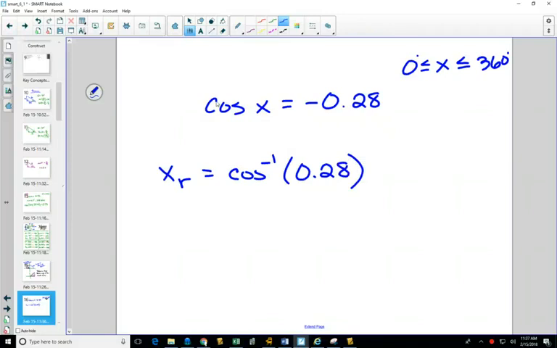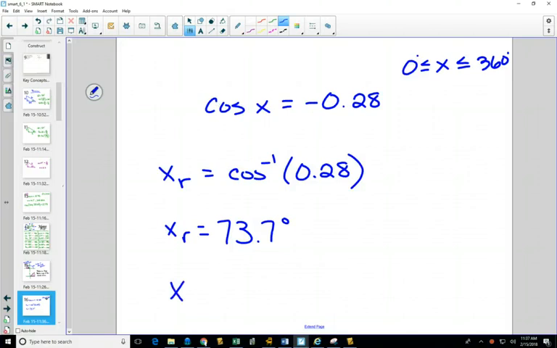Reference angles are always positive. Type that into our calculator. Cos inverse 0.28, and we get 73.7 degrees.